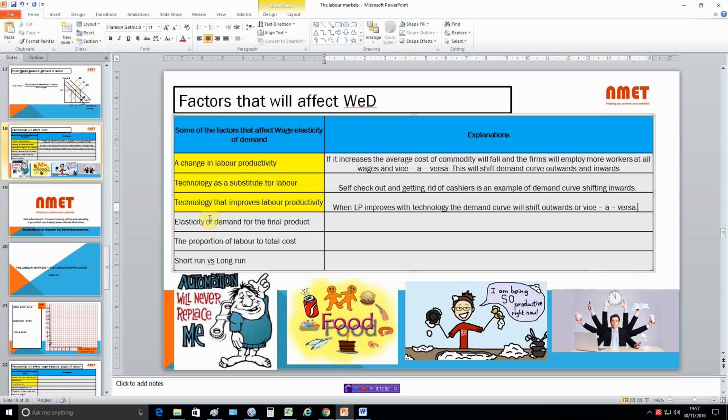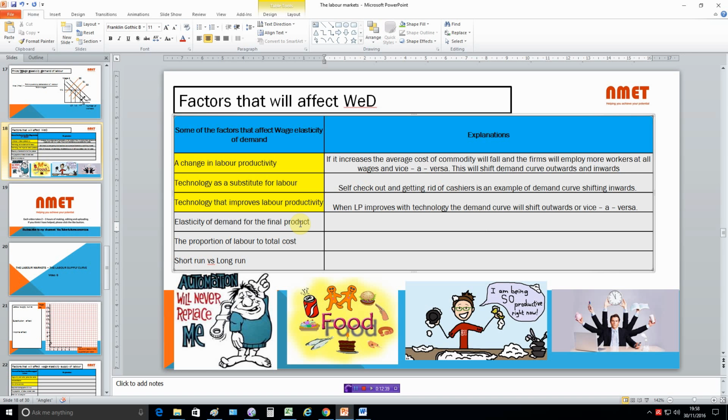Are we happy with this? Now, elasticity of the demand of the final product. If the product is a need, the final commodity, for example food, then can you get rid of the workers? No. So what happens to the wage elasticity of demand?